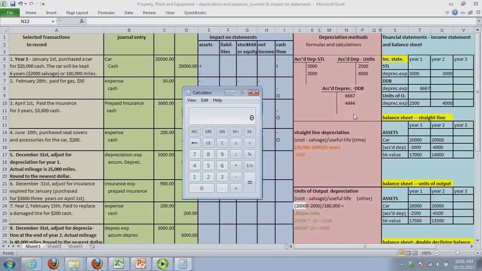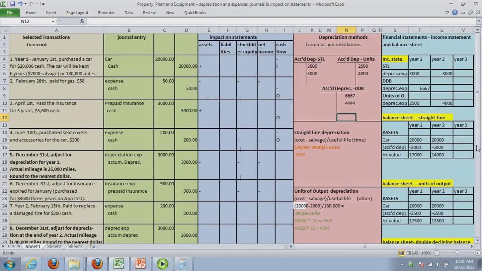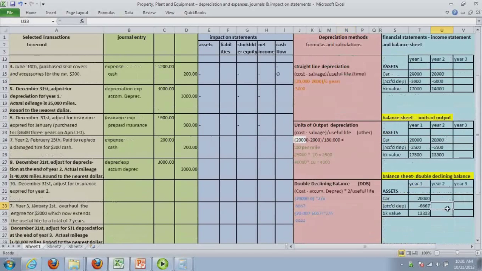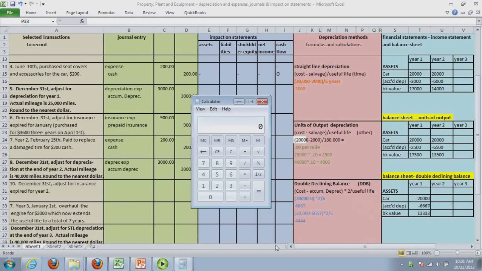So our calculation is take the 2 years and add them together. That's not right, is it? Let me try that one again. 6,667 plus 4,444 is 11,111. Okay, I should be able to figure that out.